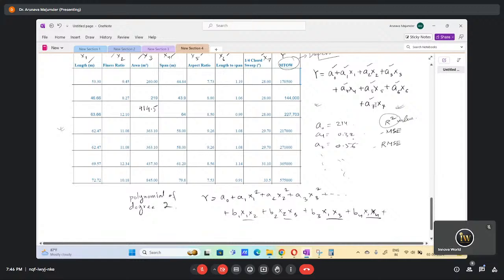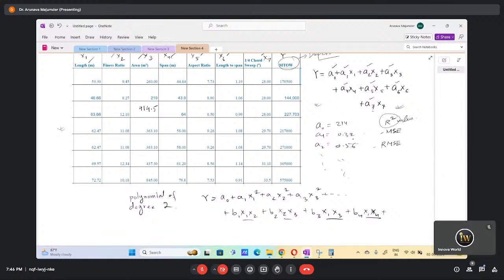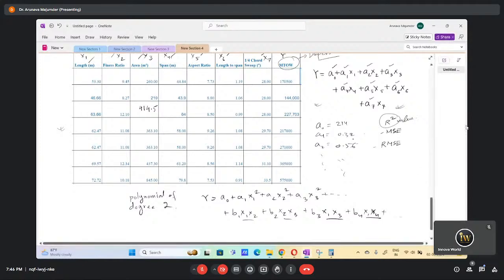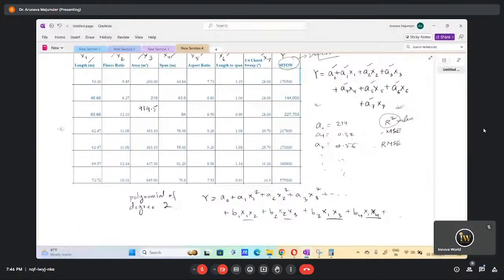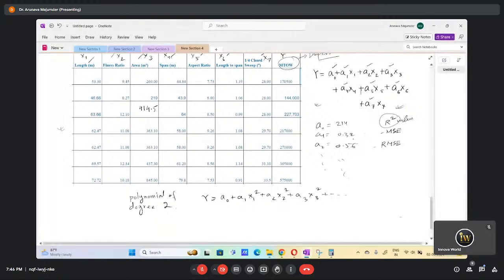We apply all the combinations. This is also a polynomial of degree 2. For simplicity, sometimes we do not consider these cross terms, and only consider the squares up to a7 x7 square. We can also add b1 x1 x2, which gives a more generalized polynomial of degree 2.